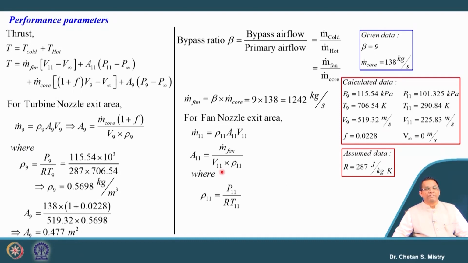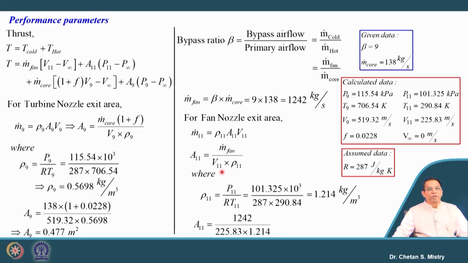This density we can calculate based on pressure and temperature. Since these numbers are known to us, it is coming to be 1.214 kg per meter cube. If we put this in the area equation, the exit area is coming to be 4.53 meter square.